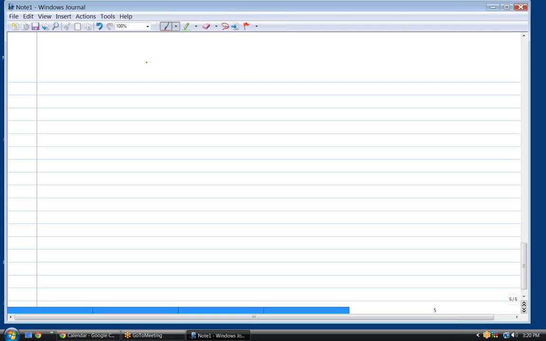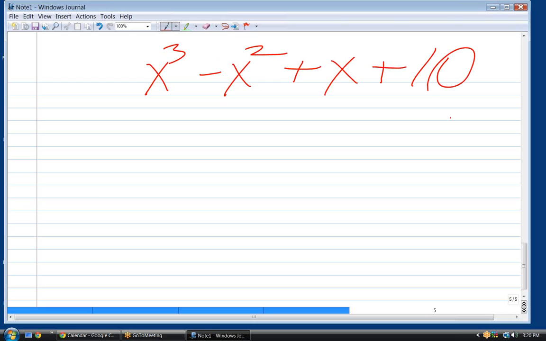If I give you a problem like this, finding the solution is no easy matter. No. And there's something called the rational factor theorem that says, now we know there's 3 solutions to that because it's a cubic. Quartics have 4 solutions, quintics have 5 solutions, and so forth.